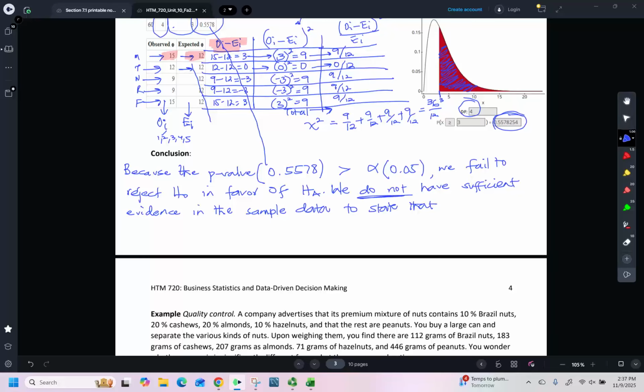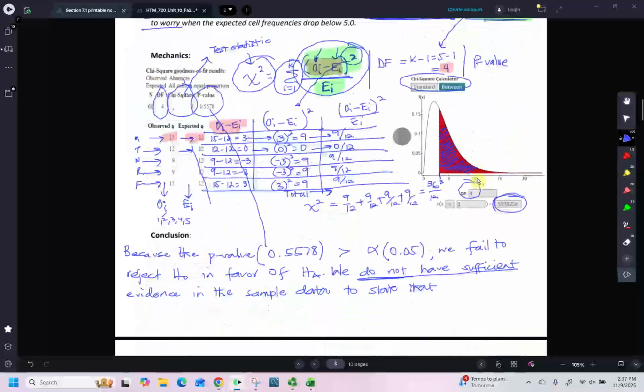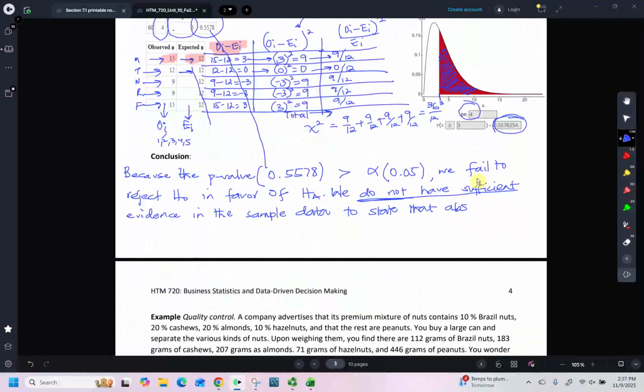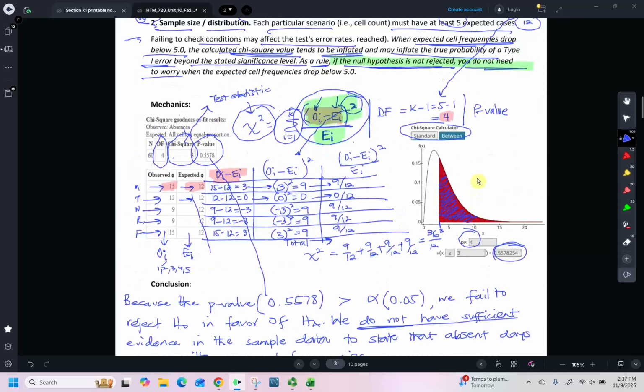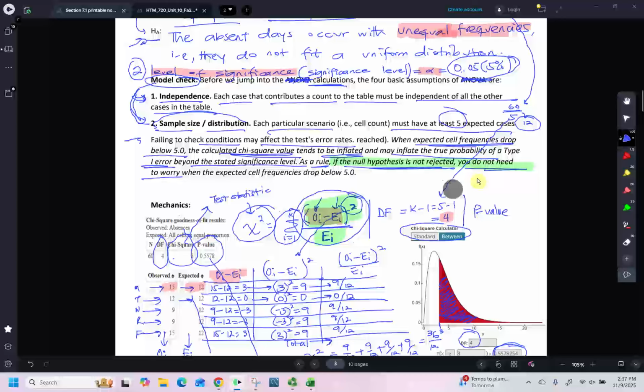Emphasis on the do not have, that absent days occur with unequal frequencies. So that means that the status quo remains.